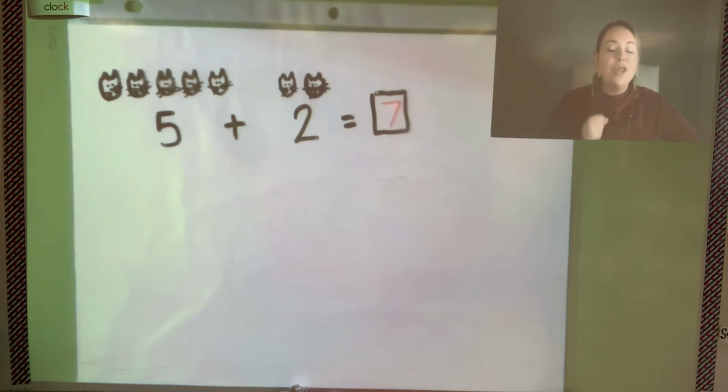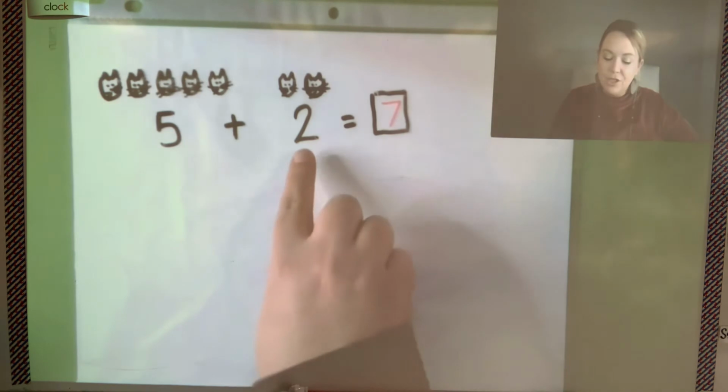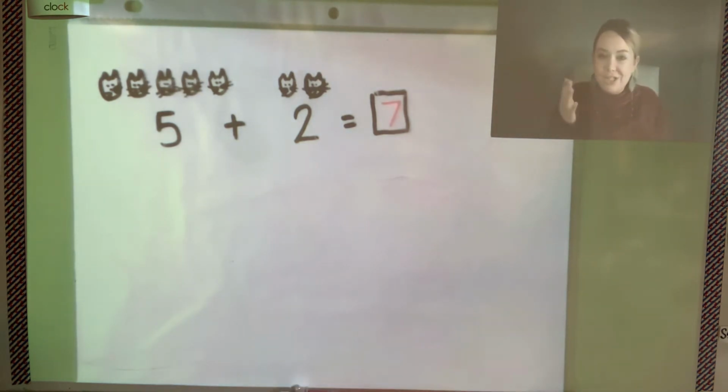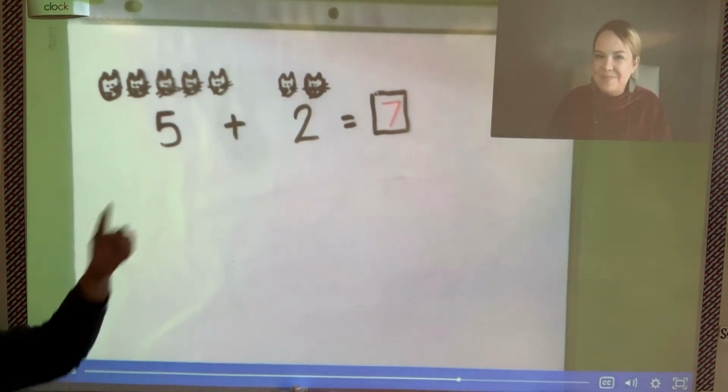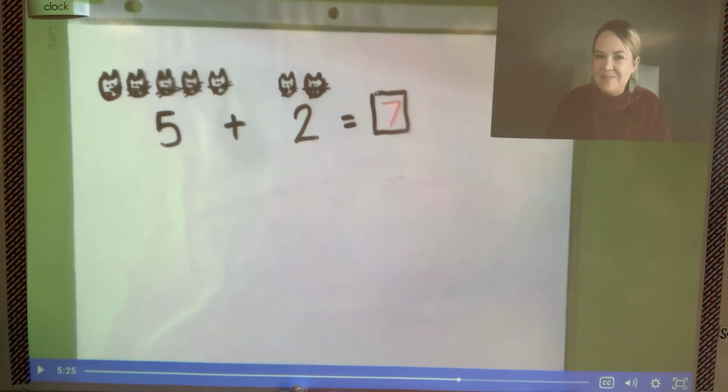What if 3 kittens had come to play instead of 2? Could you change your picture and your number sentence to show that? Yes? Well, go ahead and push pause and do that now. So, instead of 2 kittens coming to play, just change it to 3 kittens. Change your number and add a kitten to your picture.